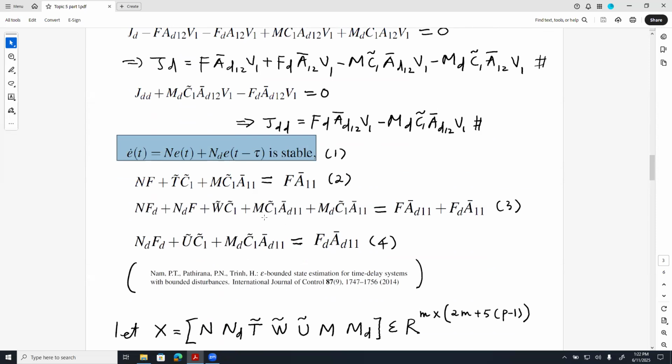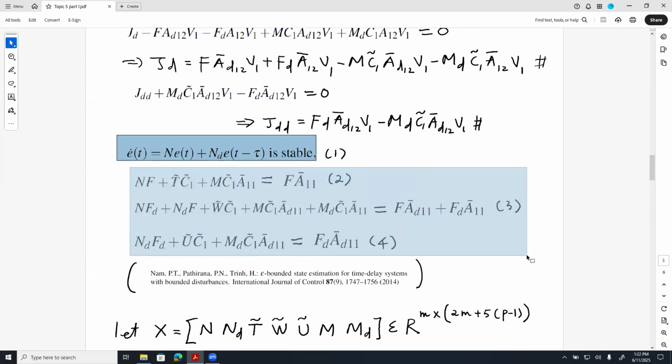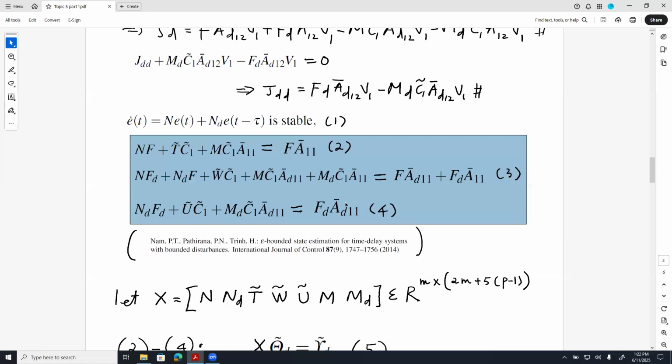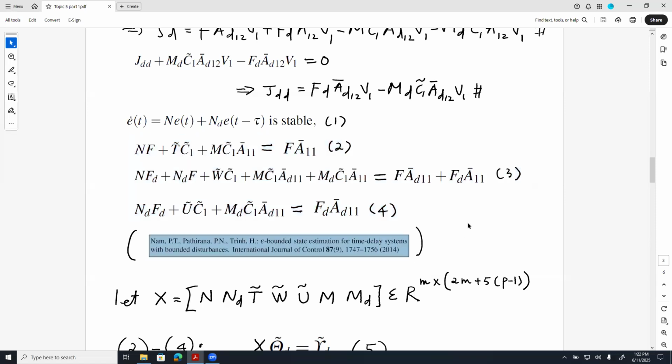And so when we zoom into these three equations, we can see that there are a number of unknown matrices. By the way, the approach we adopt is based on this reference here. So we see N, N_D, T tilde, M, W tilde, U tilde, and M_D.